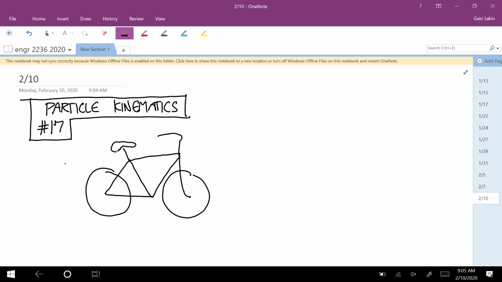Okay, so it's going 8.80 meters per second, which means that the two axles of the wheels, the centers of the two wheels, are going 8.8 meters per second. Each wheel has a radius of 0.34 meters.